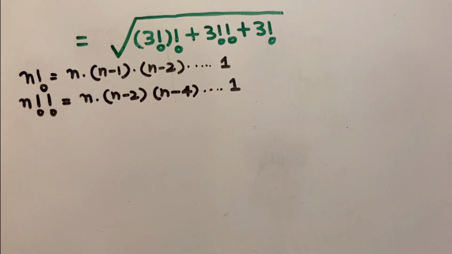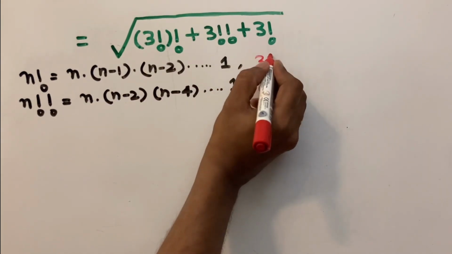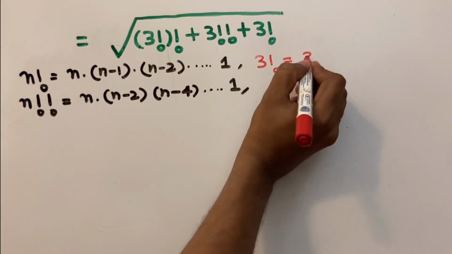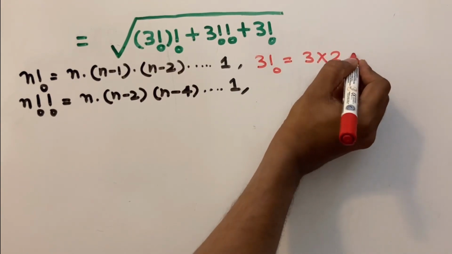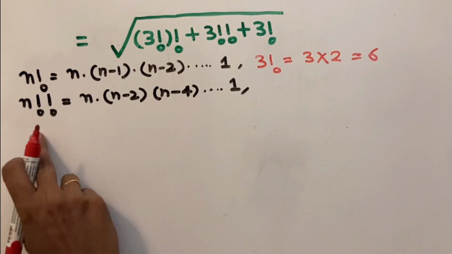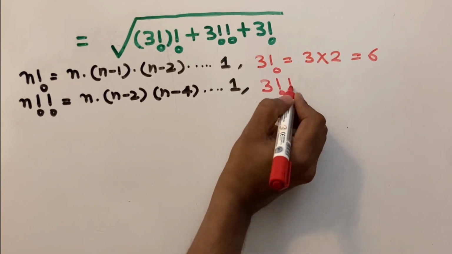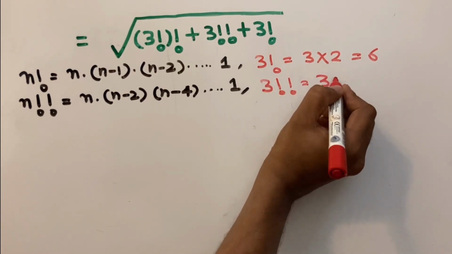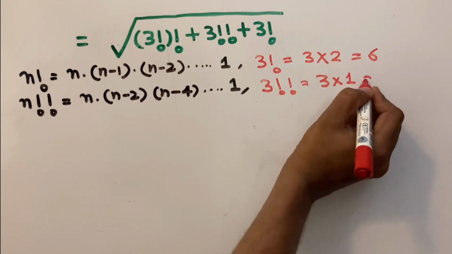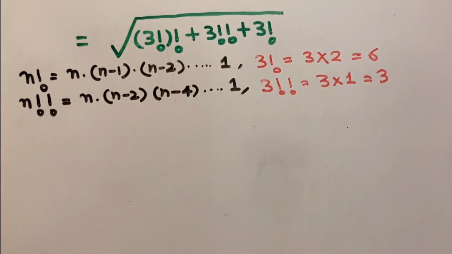Therefore, 3 factorial equals 3 multiplied by 2, which equals 6, and 3 double factorial equals 3 multiplied by 1, which equals 3.